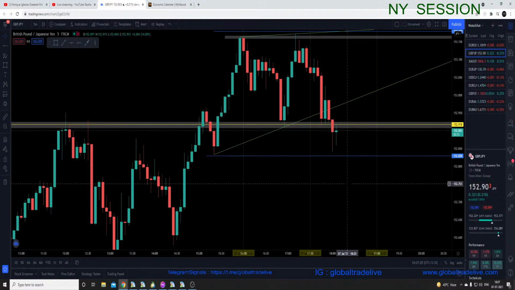Yeah, it's rejecting that area now. Still got 2 minutes left here.